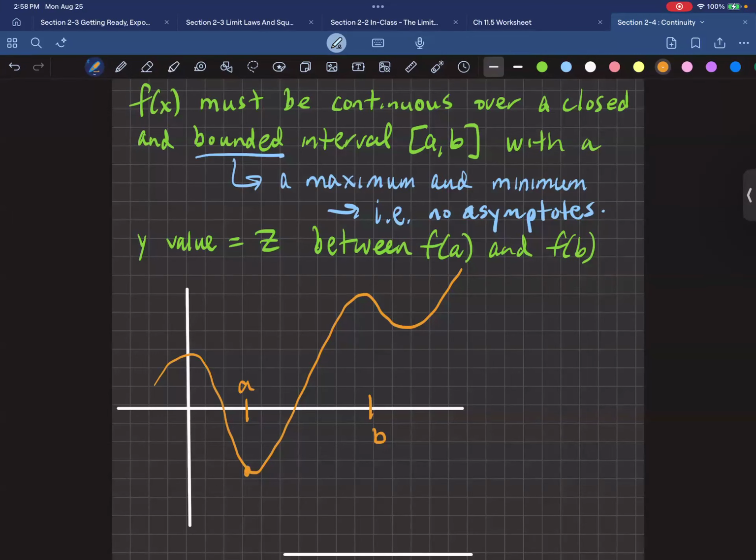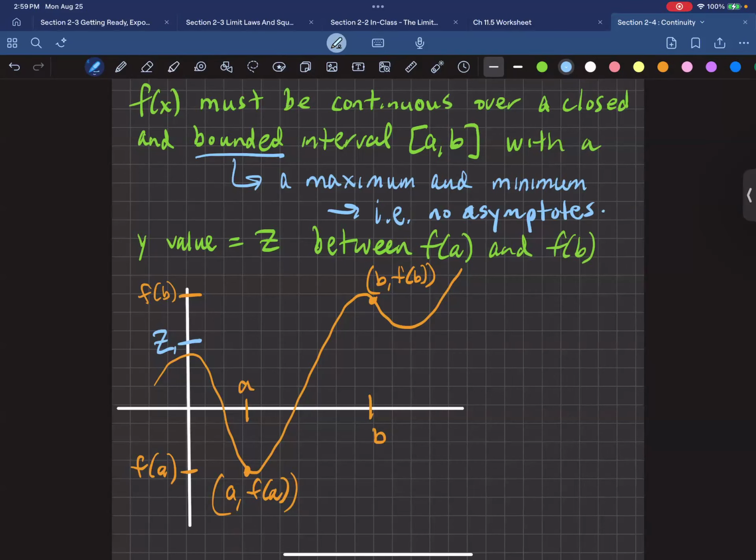That makes this point A, f of A. And this point right here, up here, would be B, f of B, as a point. So over here, if I put it on the axis, I've got f of B over here, and f of A over here. Then there's some value z in between them. Let's say z is here.